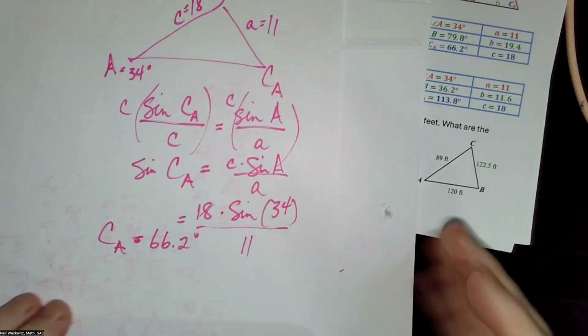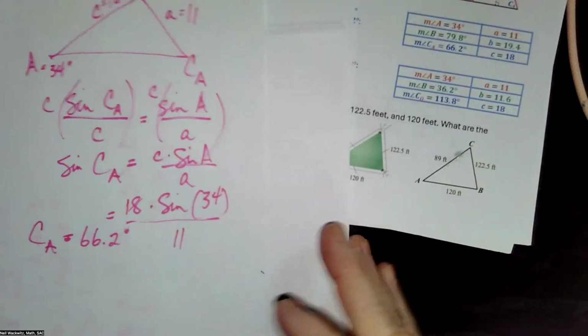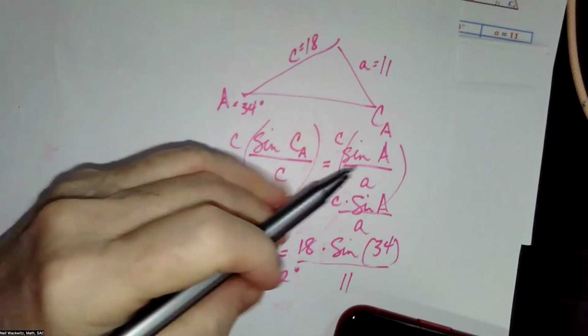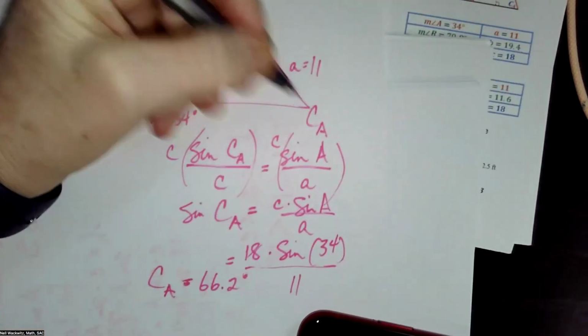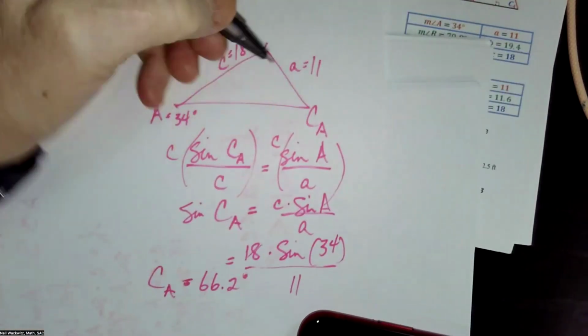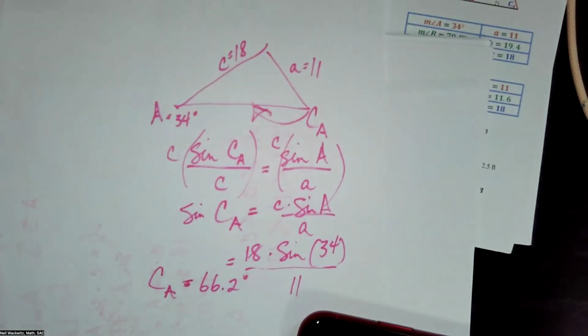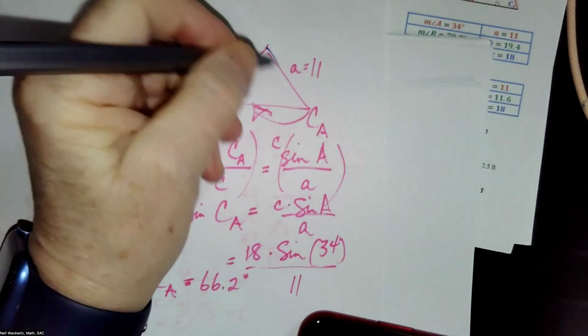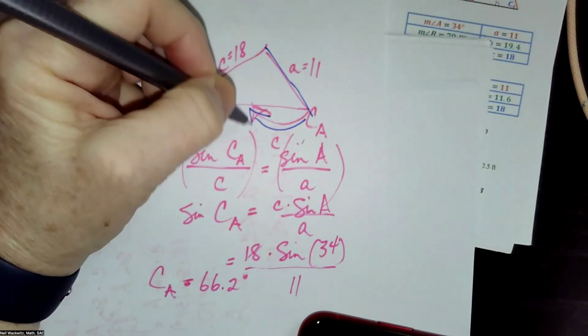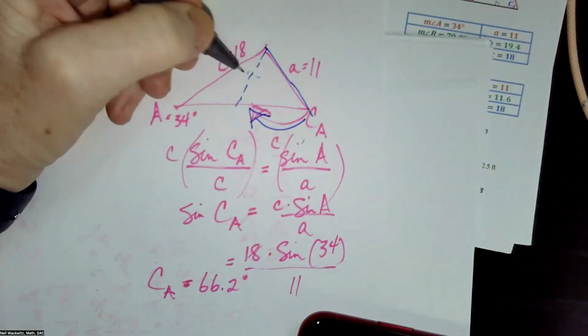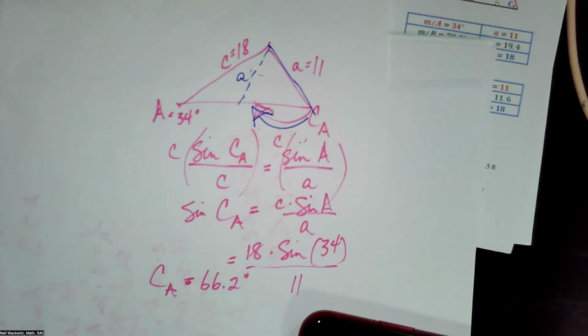Just because it's good to see how we get from one to the other, let's look at what has to be true if we can pivot this side A. We're gonna get a different color. We're gonna take side A and pivot it there.